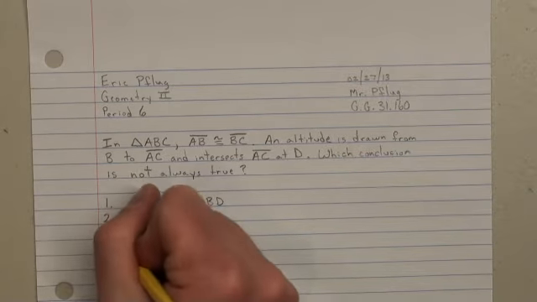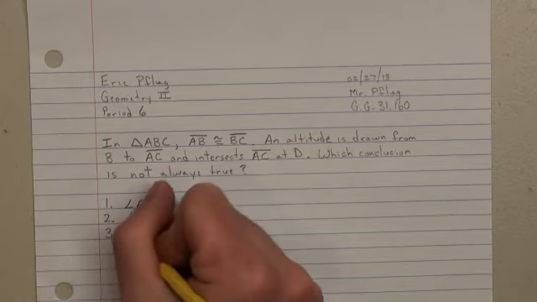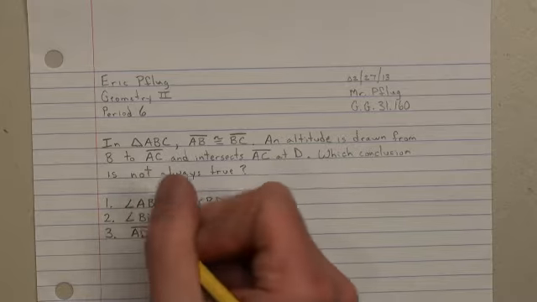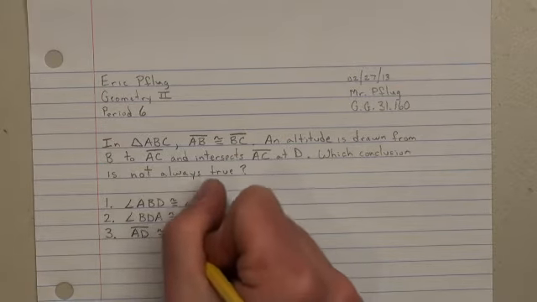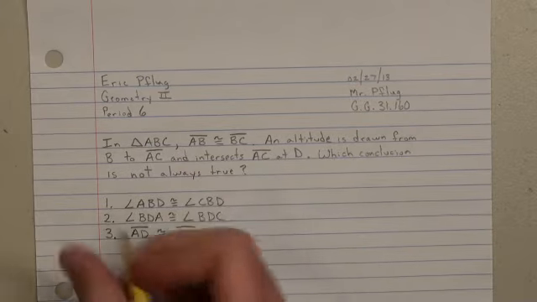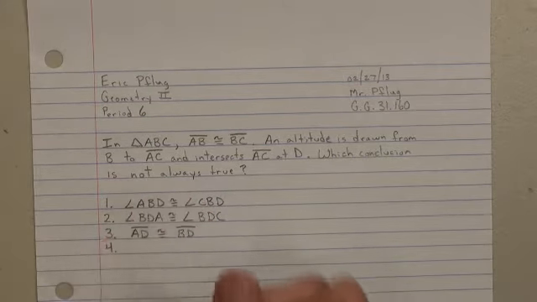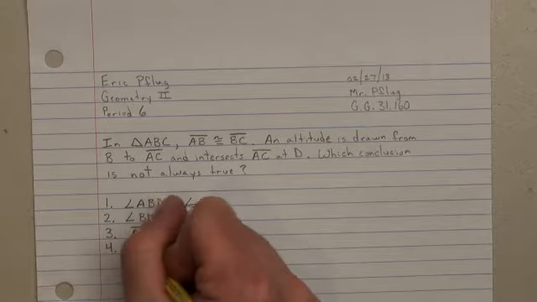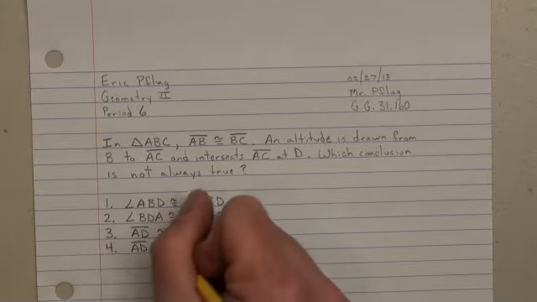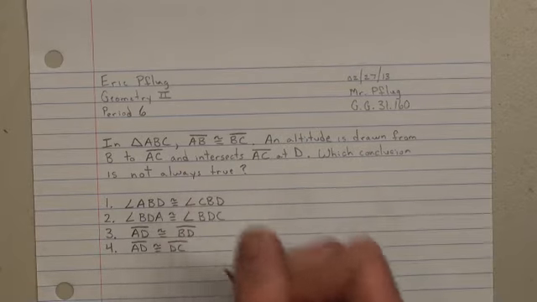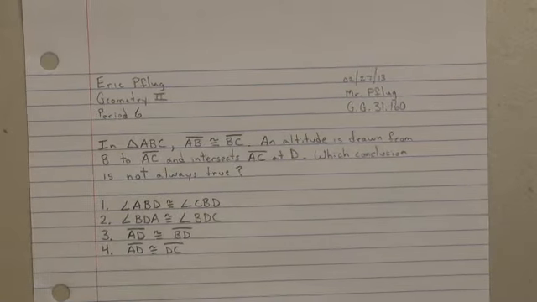Number three says segment AD is congruent to segment BD. And number four says segment AD is congruent to segment DC. Alright?